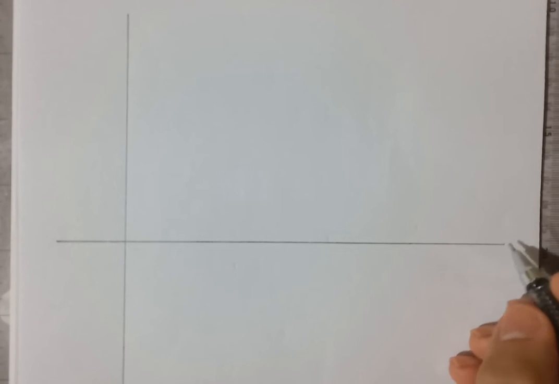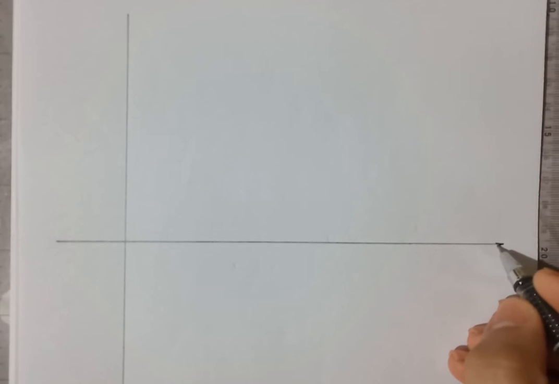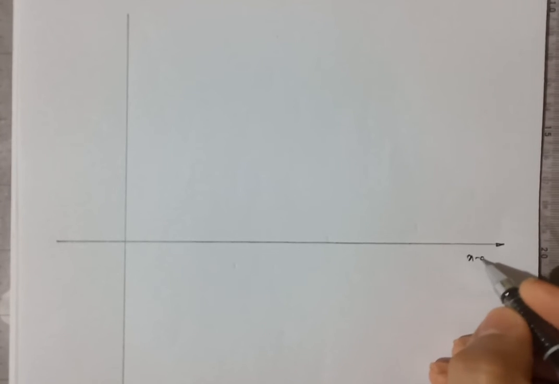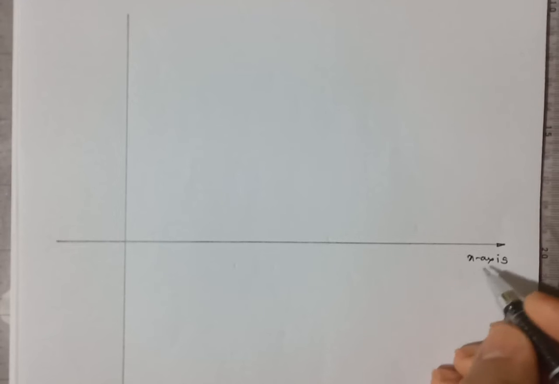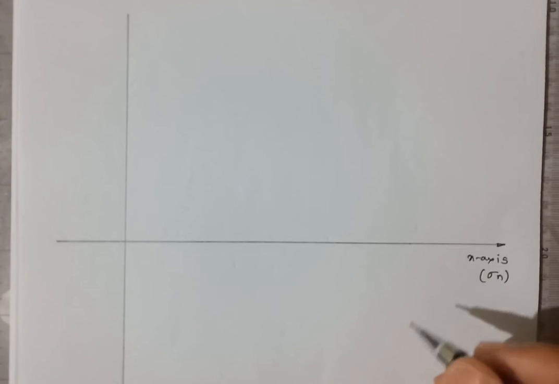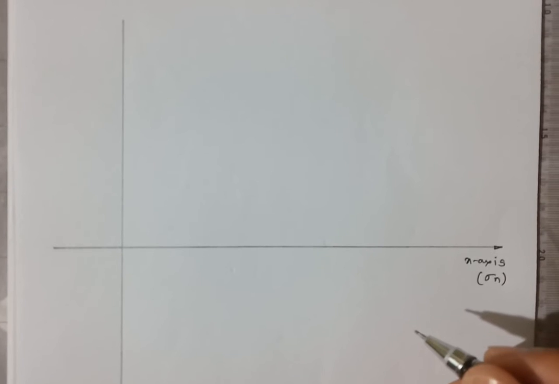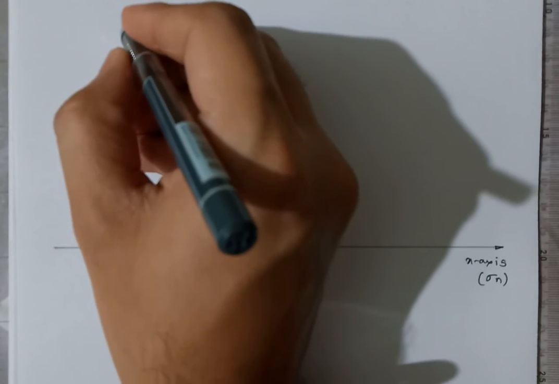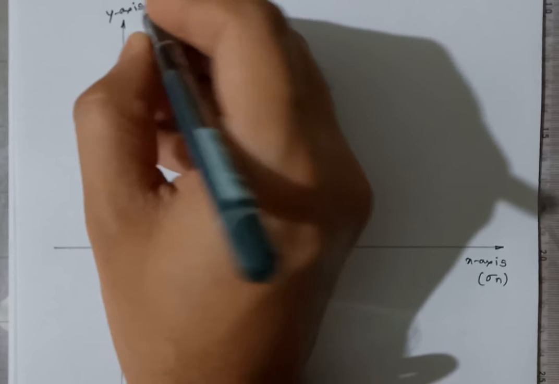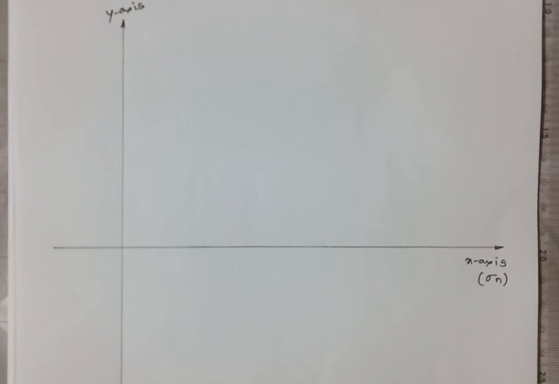Along the x-axis you are having sigma n, and the y-axis is sometimes also known as the ordinate axis.